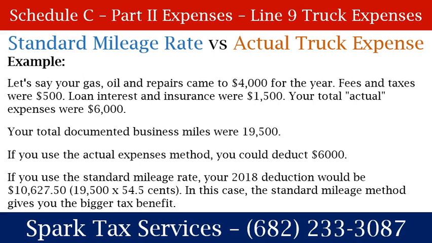Now, for your documented miles, let's say we wanted to take the standard mileage rate, we would multiply 19,500 because we said those are our total documented business miles times 54.5 cents. That's equal to $10,627.50. For this example, the standard mileage method would give you a bigger tax benefit.